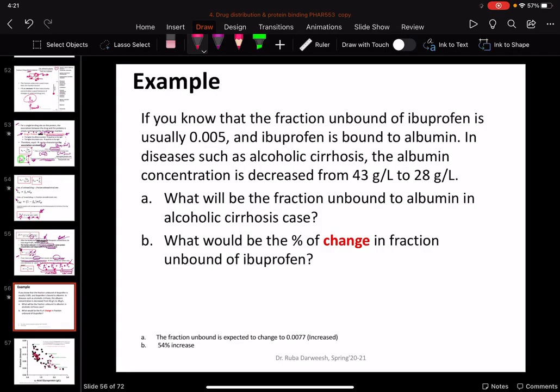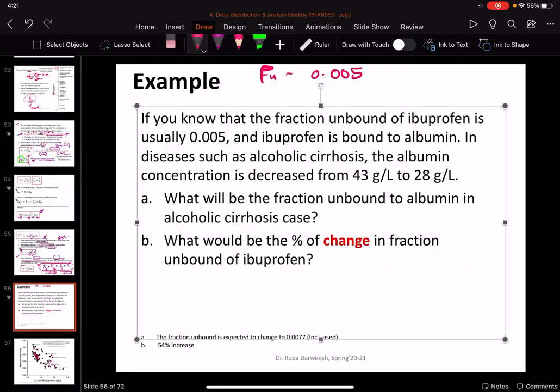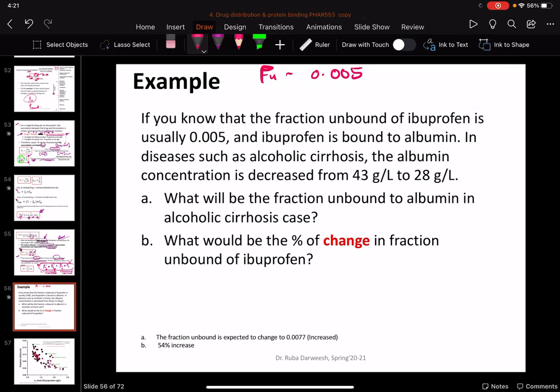An example of that is this question, and I know that you can do it by yourself, but let's do it quickly. If you know that the fraction unbound of a drug, in this case ibuprofen, equals 0.005, and the ibuprofen is bound to albumin. In diseases such as alcoholic cirrhosis, the albumin concentration decreases from 43 to 28 grams per liter.